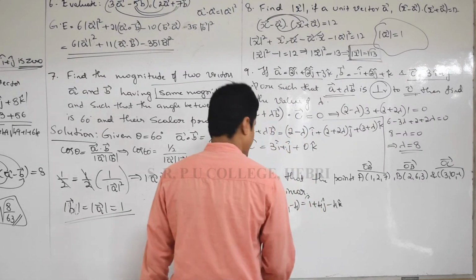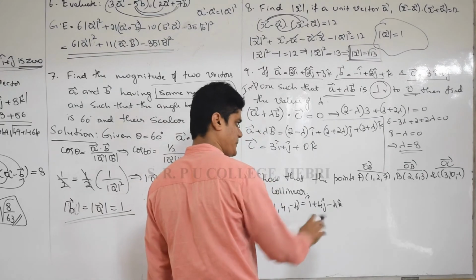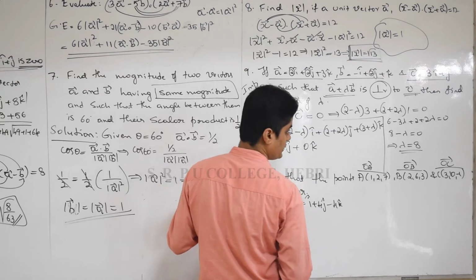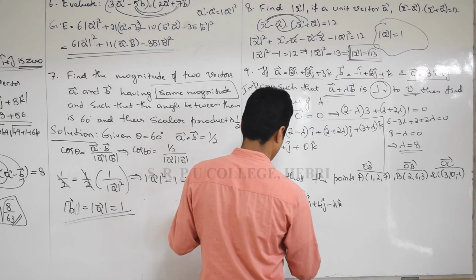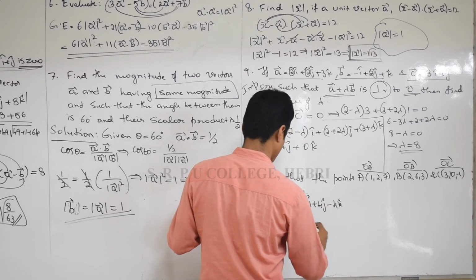AB is over. Next, find BC. Find any 2 vectors; you can also find AC. BC: 3 minus 2 is 1, 10 minus 6 is 4, minus 1 minus 3 is minus 4.